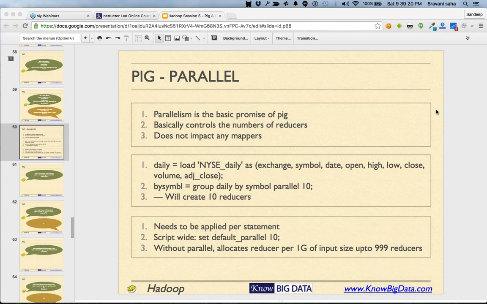That's the default behavior. Basically, in the default strategy, the whole decision of creating the number of reducers lies in the input data.